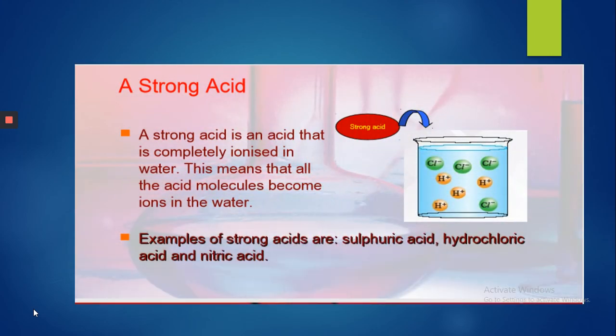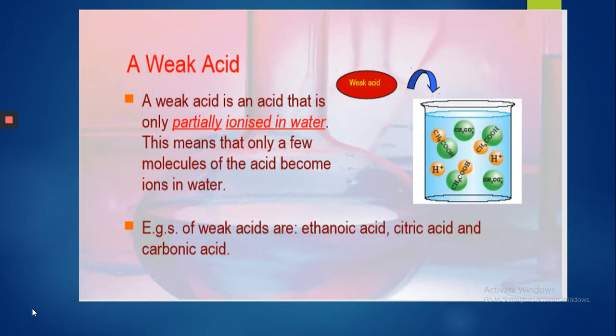What are strong acids? A strong acid is an acid that is completely ionized in water. This means that all the acid molecules become ions in the water. Examples of strong acids are sulfuric acid, hydrochloric acid and nitric acid. Now, what are weak acids?